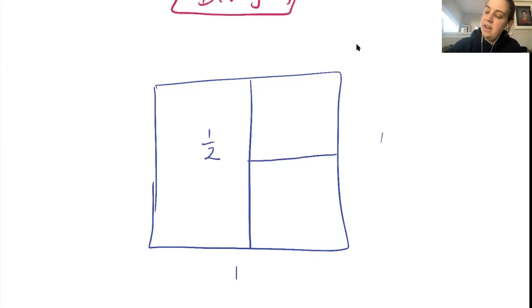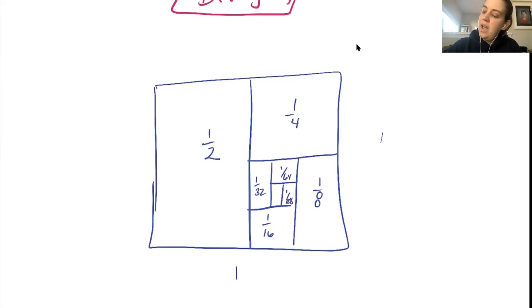If you cut this side in half, you have a 1/4. And keep cutting it in half. This is a 1/8. Then this is a 1/16. And this is a 1/32. And this is a 1/64. And this is a 1 over 128. And then you keep going smaller and smaller and smaller.